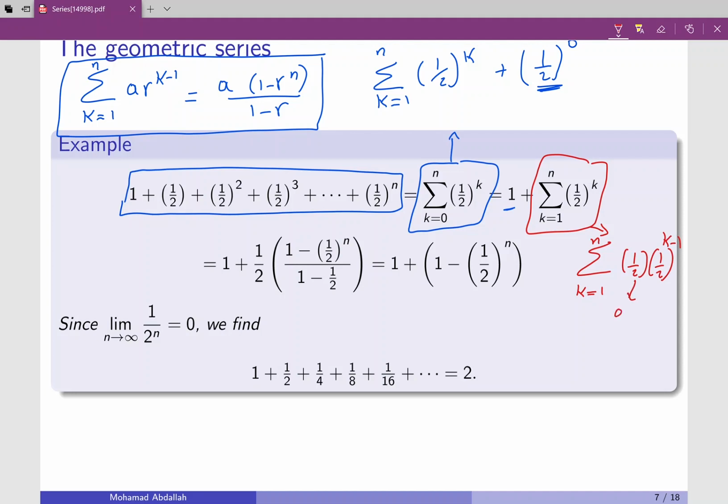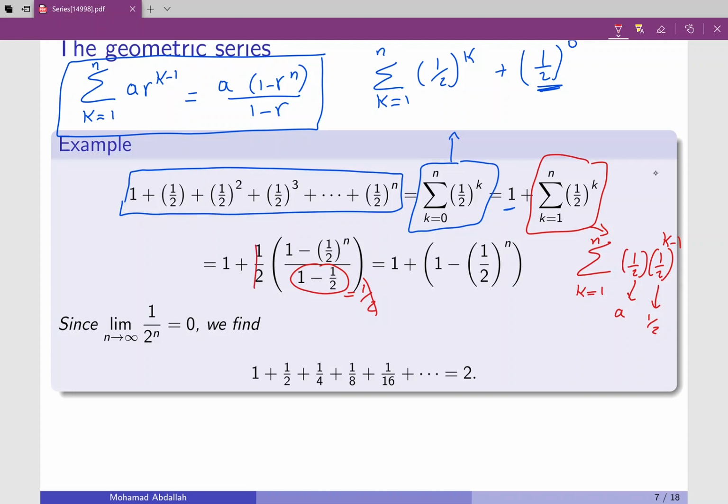My a is equal to 1/2 and my r value is equal to 1/2 as well. So the 1/2 I carry, that's a right here. So this is the a, which is 1/2, times 1 minus r to the power n, so it's 1/2 to the power n, over 1 minus 1/2. So this is 1 minus 1/2, which is equal to 1/2. It's going to cancel with this 1/2.